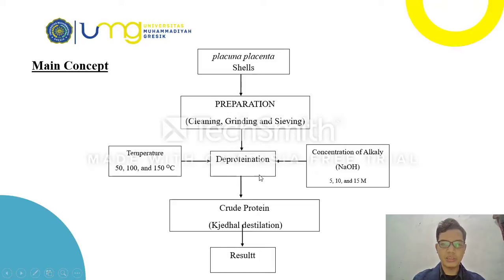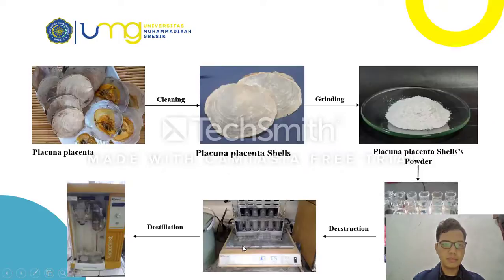After the deproteination, we take many samples at time T in minutes, and next we do crude protein analysis with the reference method, Kjeldahl distillation, and we get the result. Here we can see the form of the Placuna placenta, and next we are cleaning, and you see it's very clean and slightly transparent.